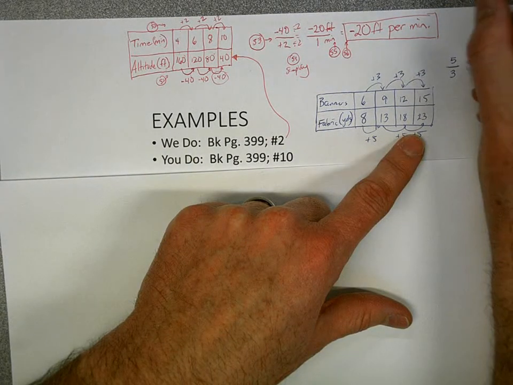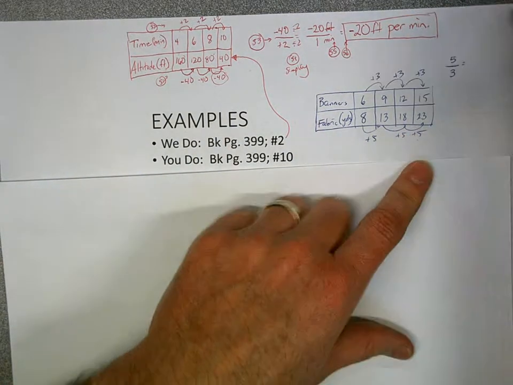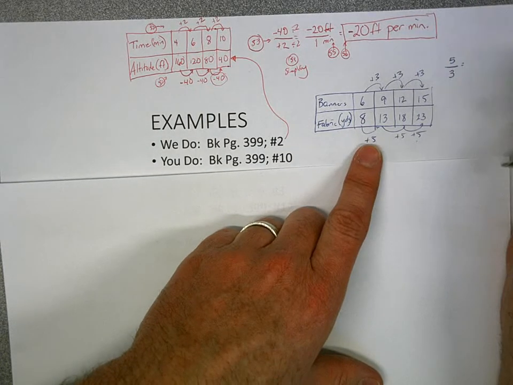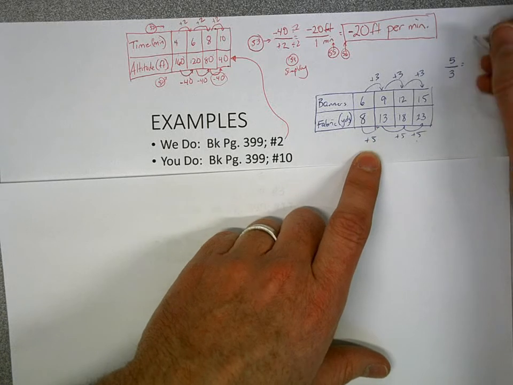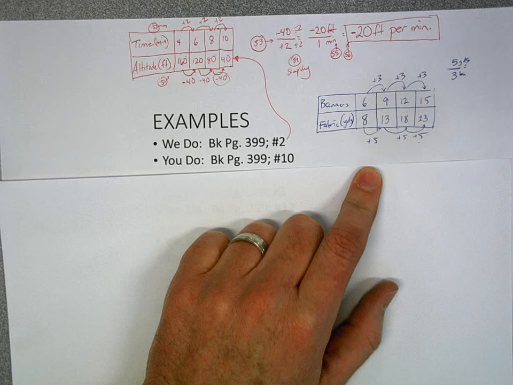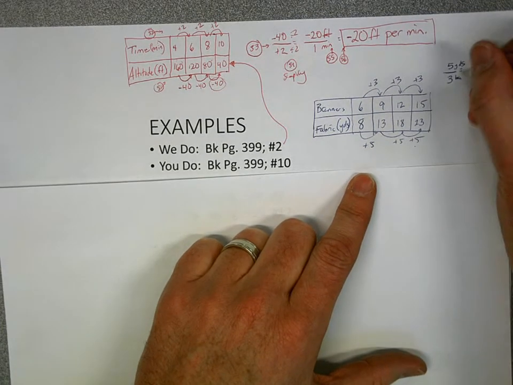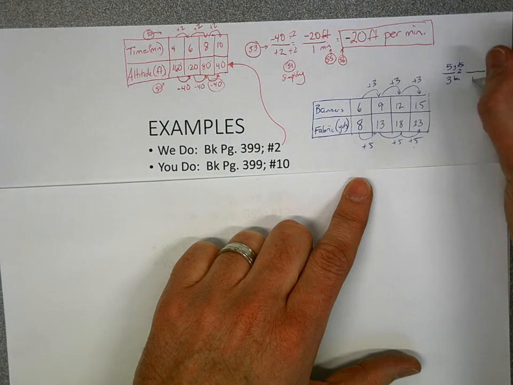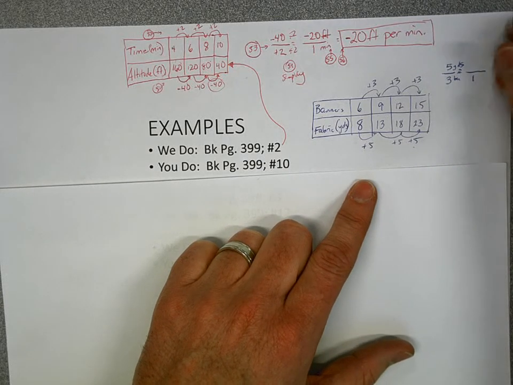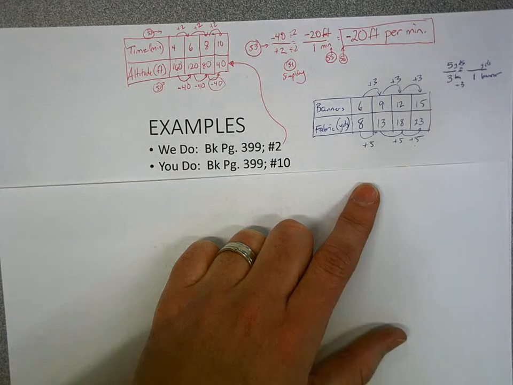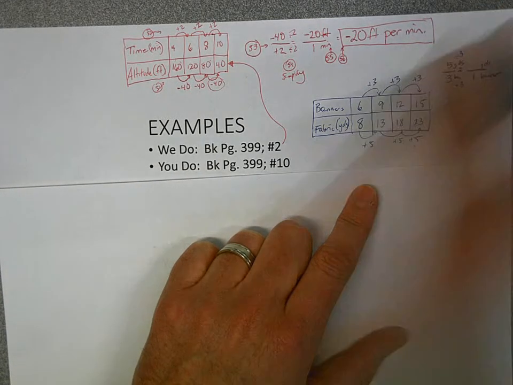If you wanted to put your units here, you could. Yards, banners. You don't have to, not until the end like I did. But if you want to keep track, make sure you set it up correctly. Because we're dealing with a unit rate, we want it to be a 1 on the bottom. So how many yards per banner? If I divide by 3 here, I divide by 3 there.